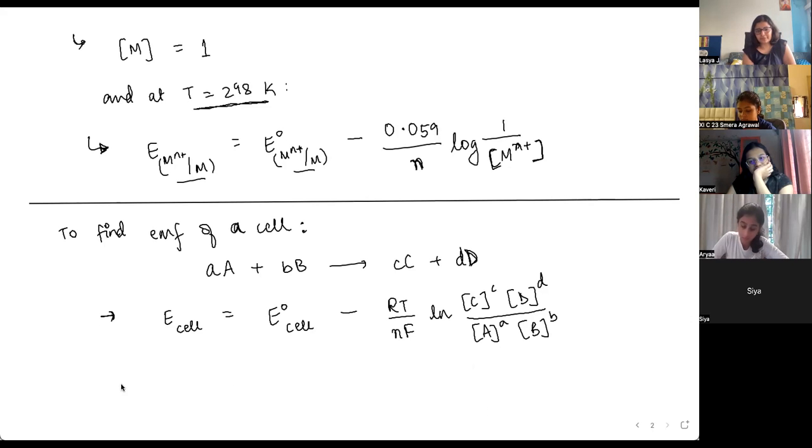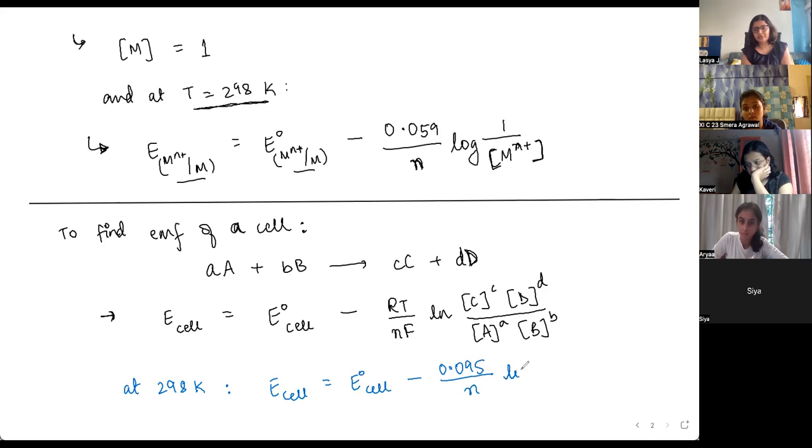Again, we'll give it the same treatment at 298 Kelvin. This is the more useful form of the equation that you'll apply in your numericals. So E cell will be equal to E naught cell minus 0.095 upon n into logarithm of this particular format of products upon reactants.